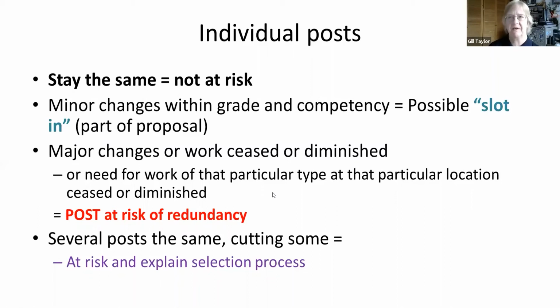And if you've got several people doing the same job or having the same job title, like say for advice workers, you've got 5 advice workers and you only need 4, then you are putting all of those jobs at risk, and you have to explain the selection process for what's going to happen to get 5 down to 4. And I'll go over the best processes for that when we look at the law section. So this is when you start working out which jobs you're going to be putting at risk of redundancy. Because again, that needs to go in your proposal.